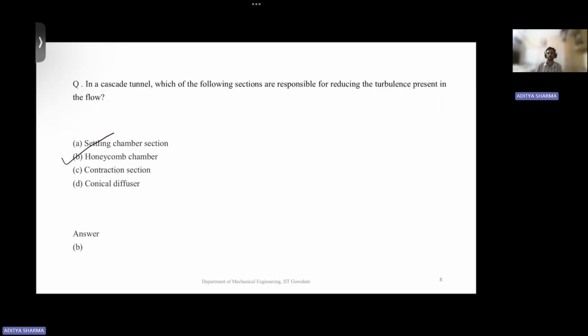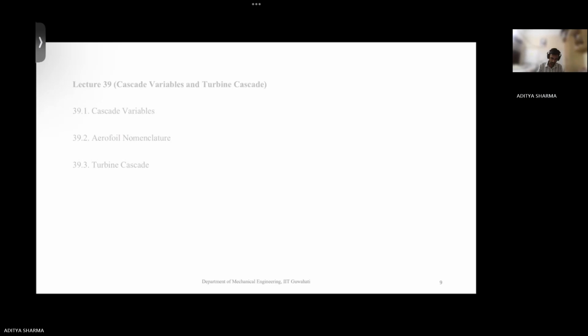Honeycomb chamber is used to reduce the turbulence in your cascade tunnel. This is the right answer to this question.